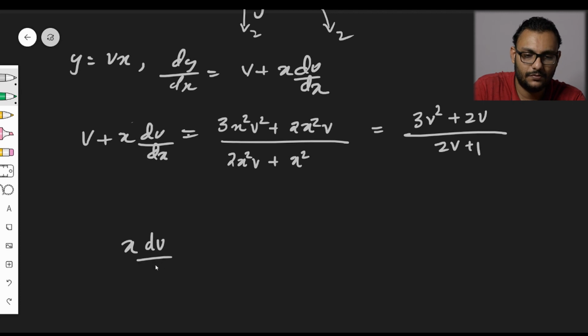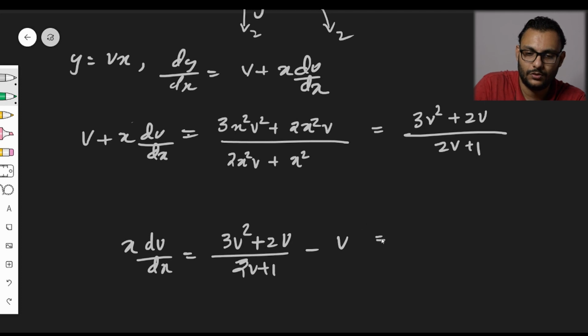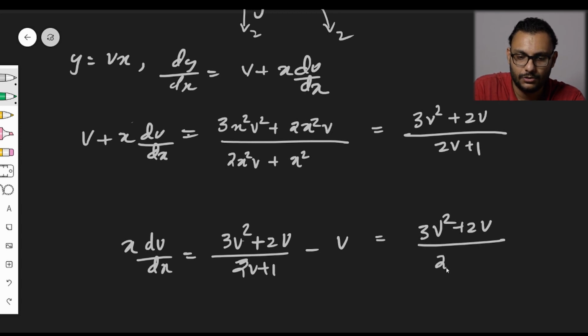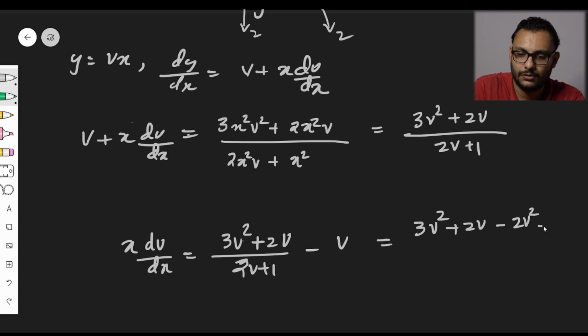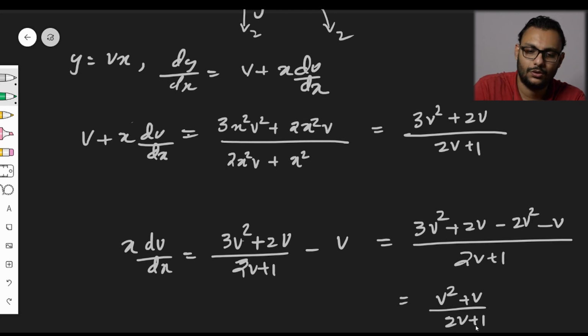That is x into dv by dx is equal to 3v square plus 2v by 2v plus 1 minus v, which is equal to 3v square plus 2v divided by 2v plus 1 minus v, which is 3v square plus 2v minus 2v square minus v divided by 2v plus 1, which is equal to v square plus v divided by 2v plus 1.